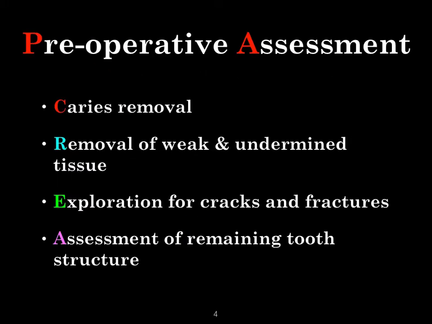The preoperative assessment usually includes removal of caries, removal of any weak or undermined enamel or dentin, exploration of any cracks or fractures, and then generally assessing the remaining tooth structure.